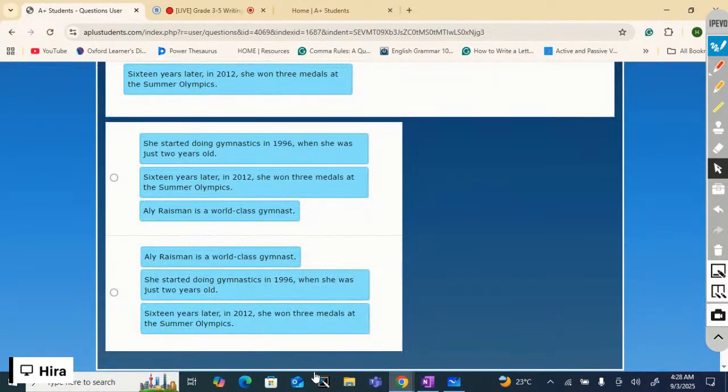So there are two options, this one or this one. Which option is correct? First or second?